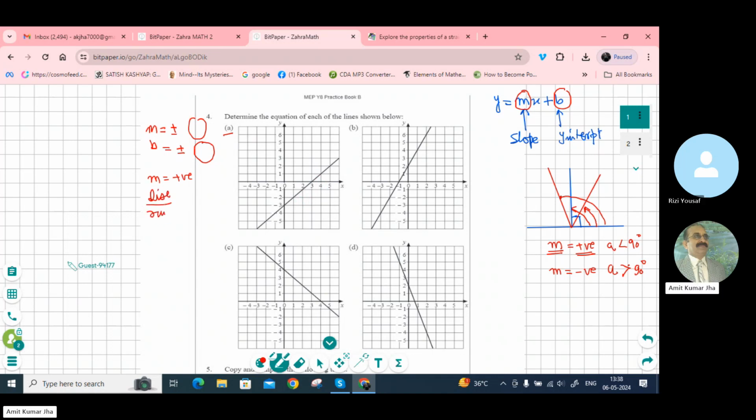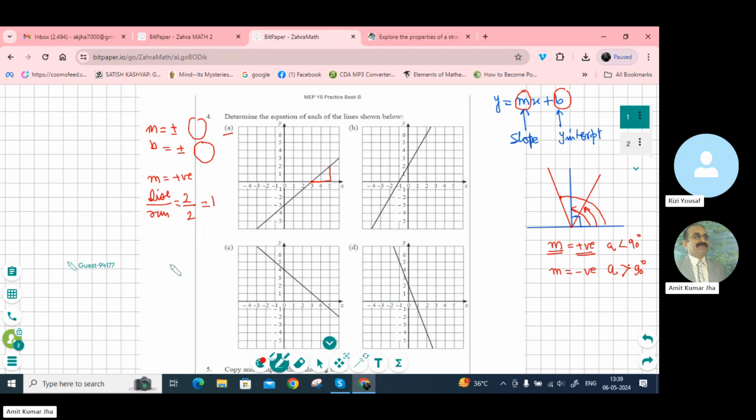Now see here, we are considering this line. From here to here, run is 2 and rise is 2. So 2 by 2, that is 1. That means you got m equal to positive 1.